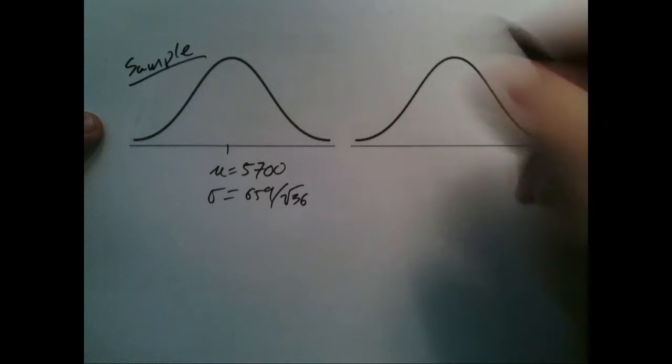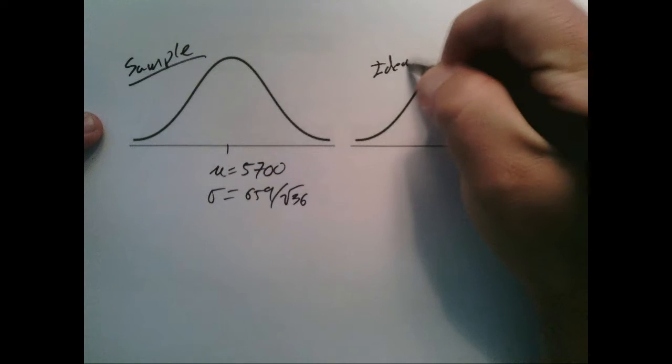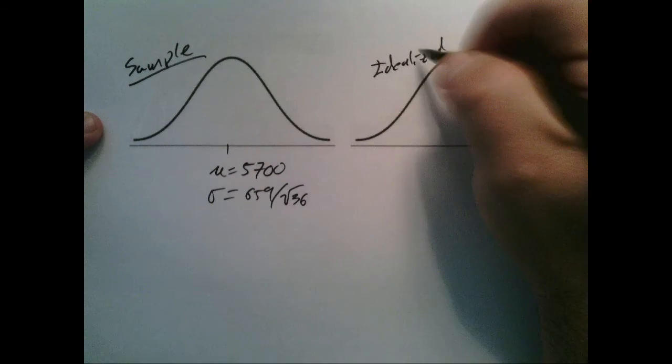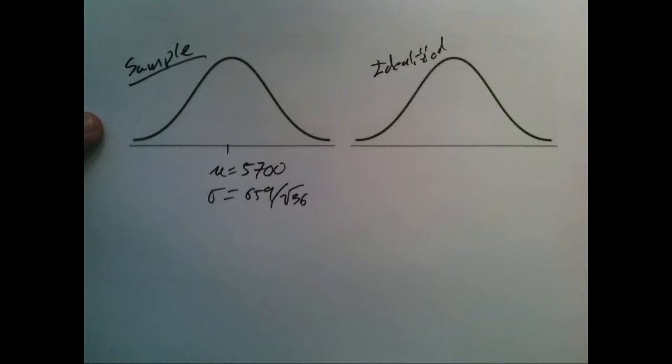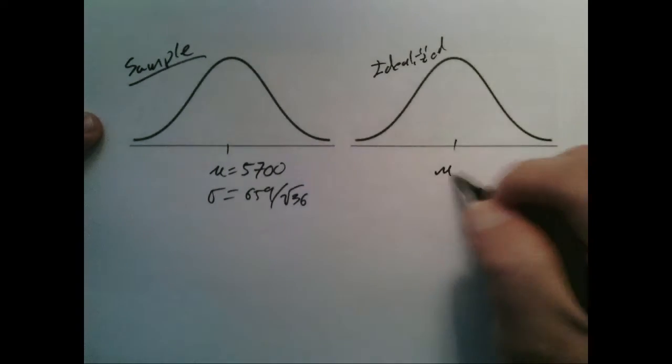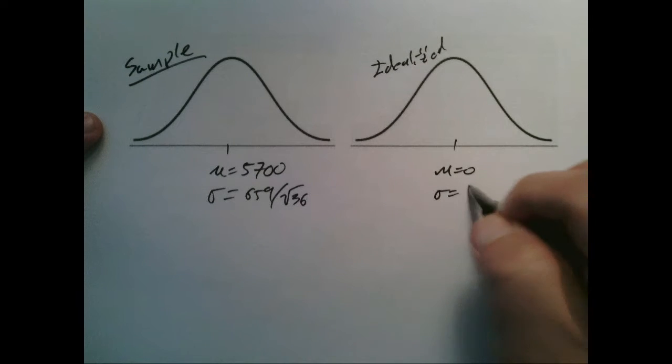Now over here in our idealized world, and remember it's our z world, the idealized world, the standardized world, our mu is equal to 0 and our sigma is equal to 1.